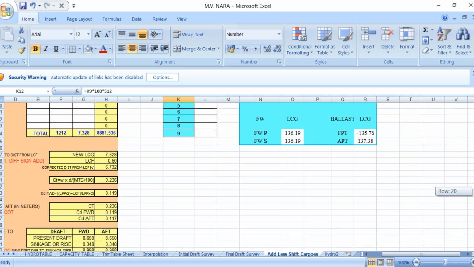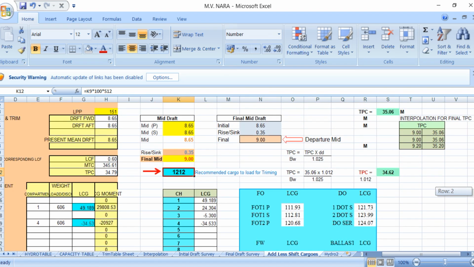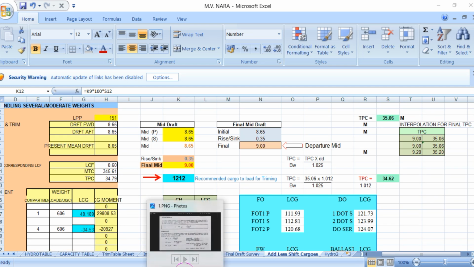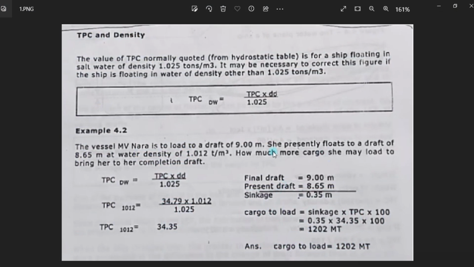Using this formula or this problem stops only at how much cargo to load.